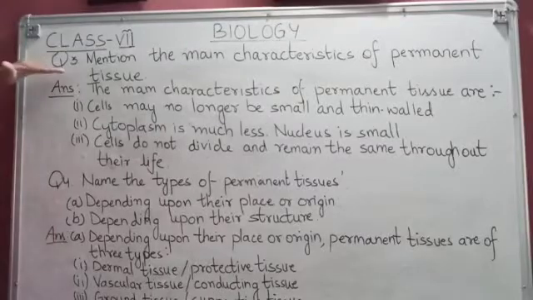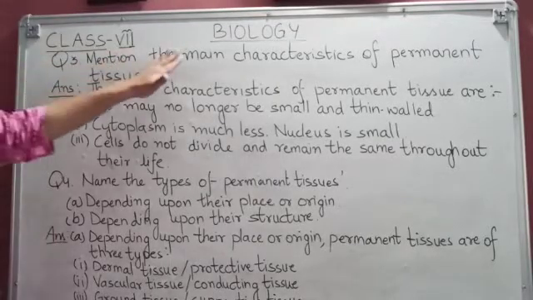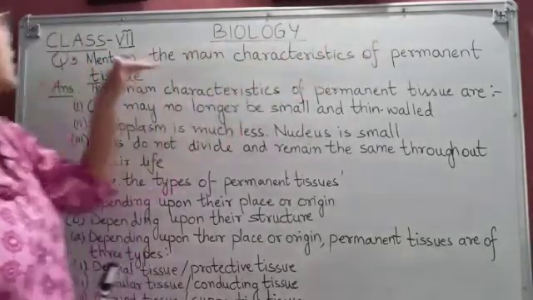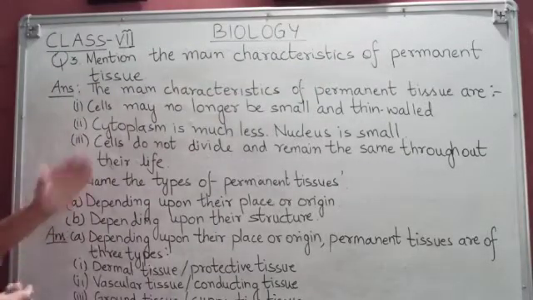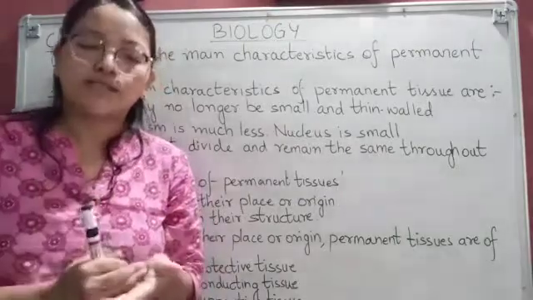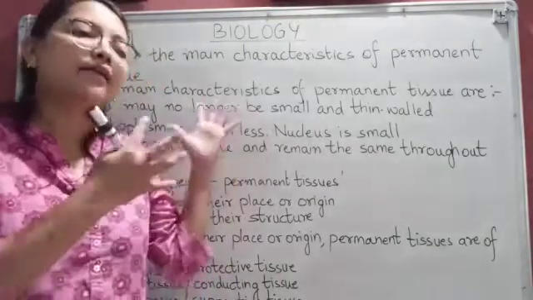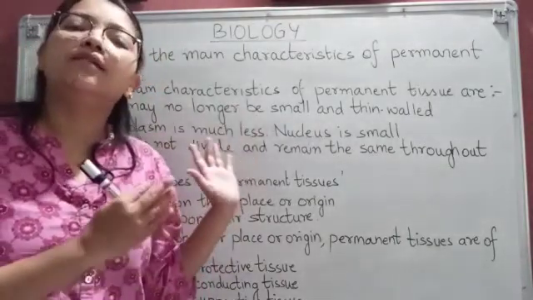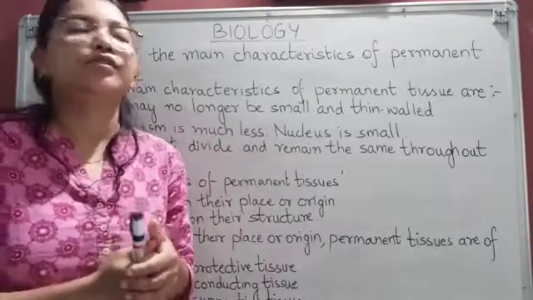Here comes question number 3. Mention the main characteristics of permanent tissue. Just now we discussed the characteristics of meristematic tissue, and here we will be comparing the characteristics of permanent tissue.